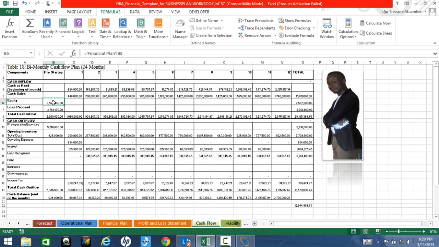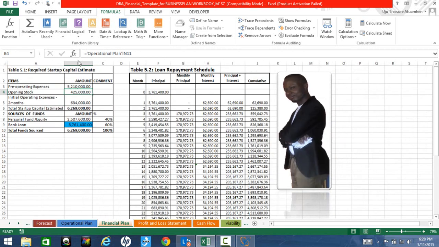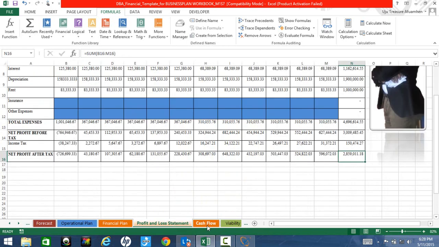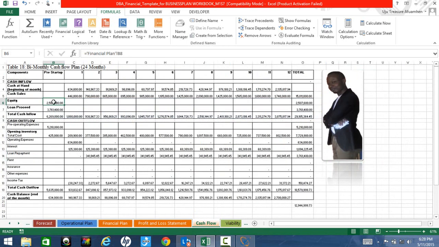Then equity. This is coming from financial plan B8. So let's go see financial plan B8. Can you see that? This is your equity. That's a personal fund. So, sorry, cash flow. So that's the equity, and you see the value there.